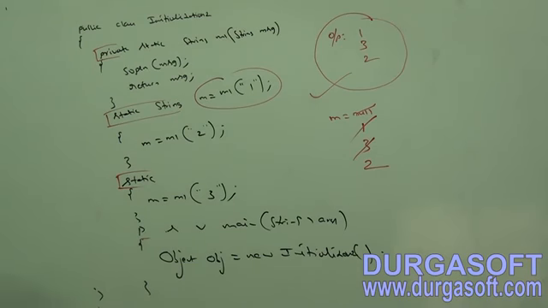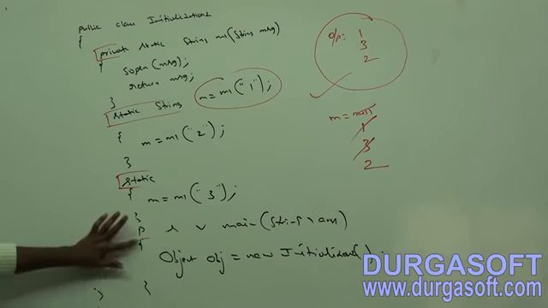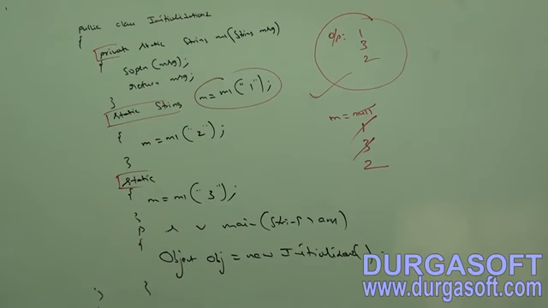Private static String m1(String message). I hope it is completed, right? Okay, that's all. This is what you people should be aware of. 1, 3, 2.